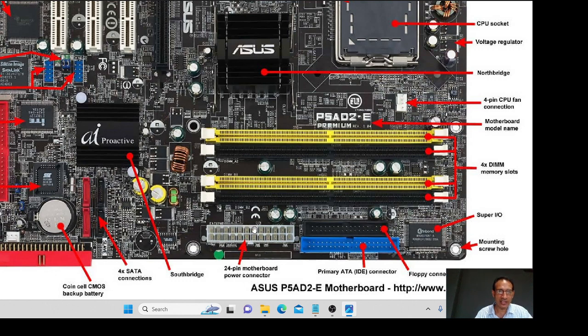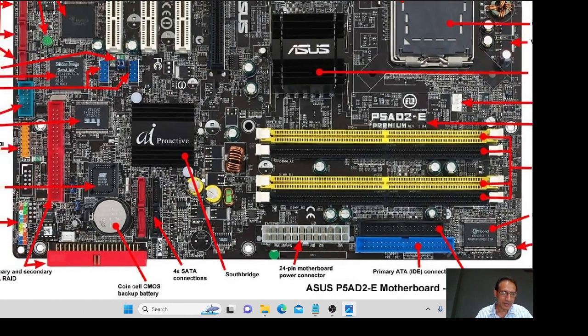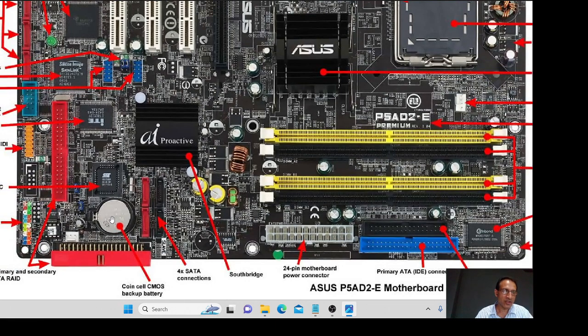And here you can see the coiled structure, as I said. When voltage is moving, there are some possibilities to produce electromagnetic interference, so that is absorbed by this coiled structure. And here the CMOS battery is available.